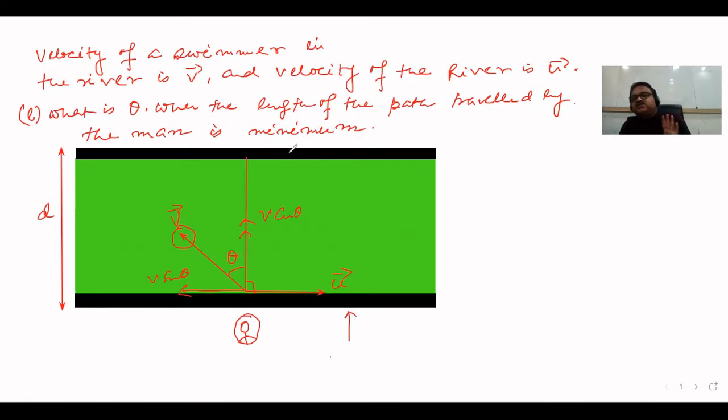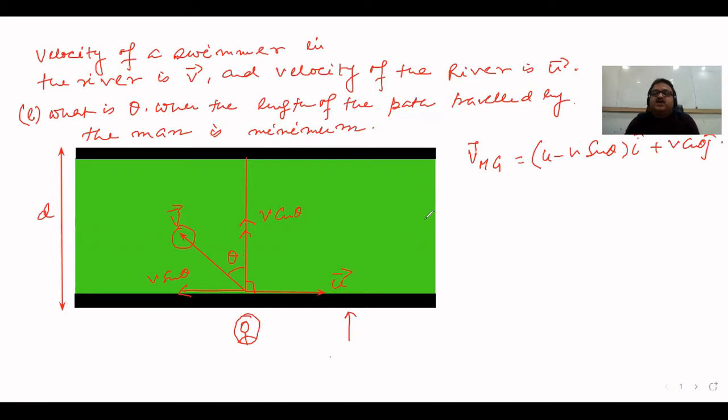When the length of the path is minimum, what is the value of theta? First, we know the velocity of the man with respect to the ground is (u minus v sin theta) i cap plus v cos theta j cap.